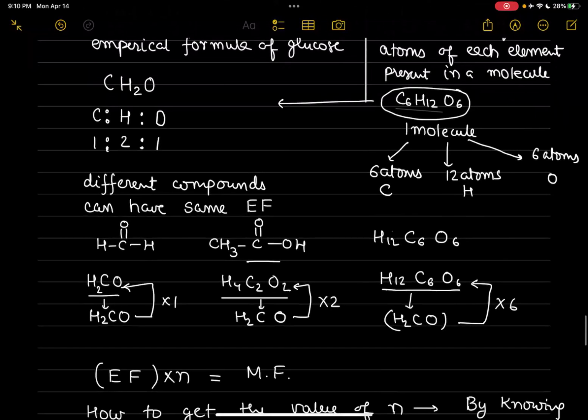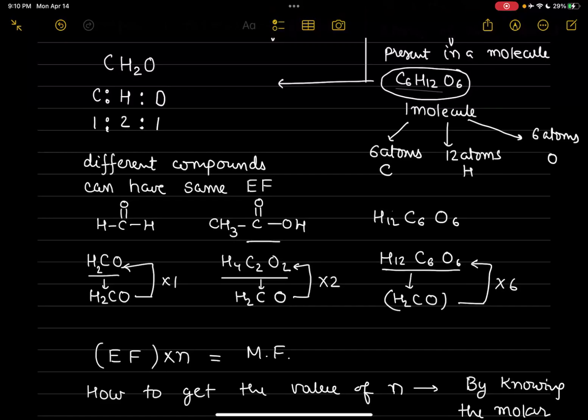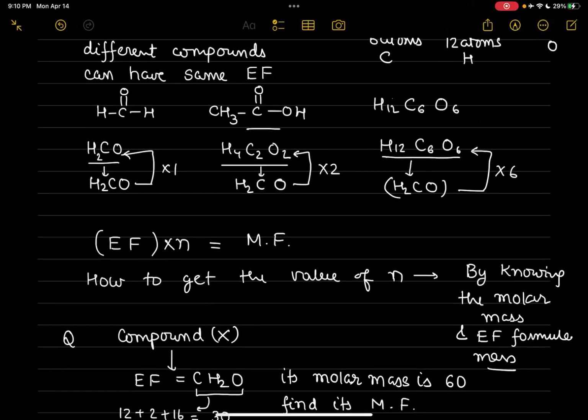Okay. And from the empirical formula, how to get the molecular formula? What was the method? Just check it and tell me. So, empirical formula into n will give the molecular formula.